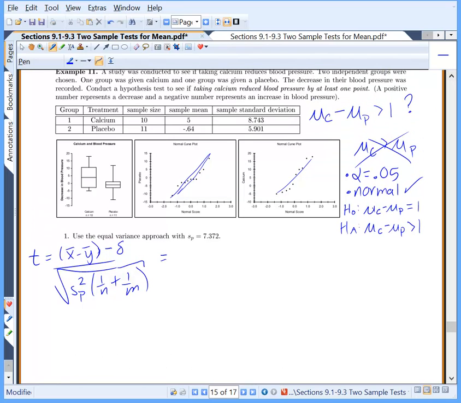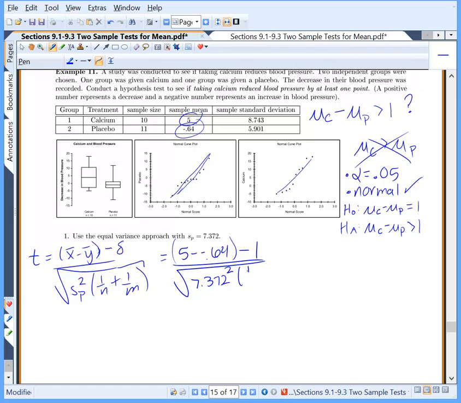So notice here I have calcium minus placebo, so I need to keep in that order. So we'll do calcium mean minus placebo mean. So 5 minus a negative 0.64 minus my specified difference, which is 1, over the square root of the pooled variance. Now I only know pooled standard deviation, so I'm going to have to square it.